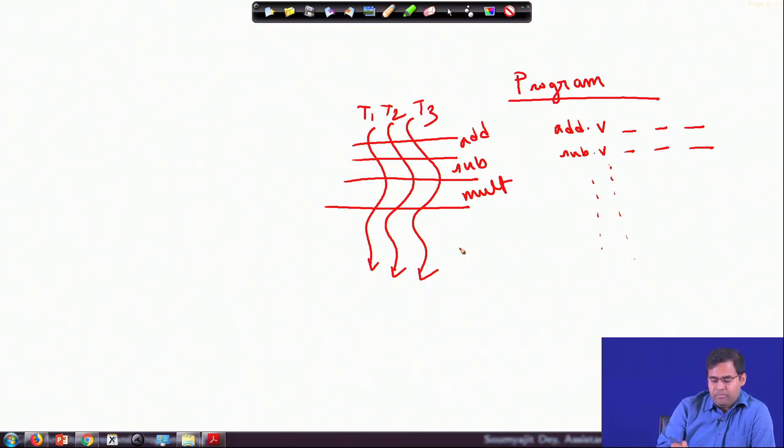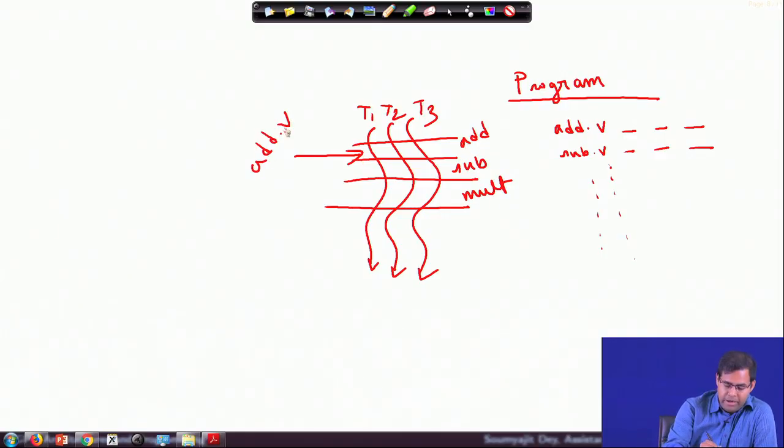Looking at it from another way, for this you need an SIMD instruction, because you are looking to do an add.v, vector processing. But when can it do that? Only if the work for each of the threads is similar. This thread needs to do an add, this thread also needs to do an add, and this thread also needs to do an add. Once that is done, this thread will do a sub, this thread will do a sub, and this thread will do a sub.